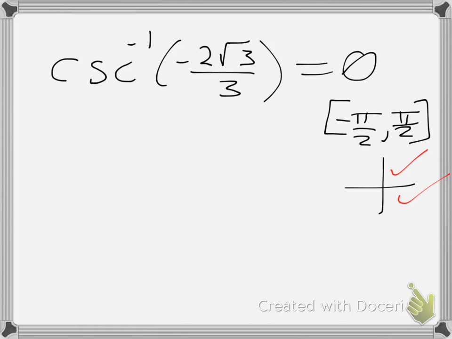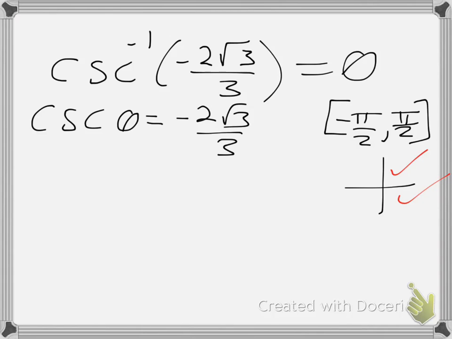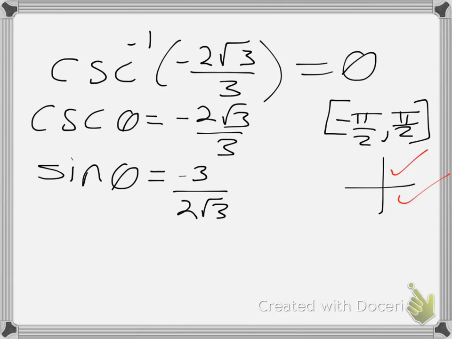So I'll say this is cosecant of theta equals negative 2 root 3 over 3. And since cosecant is 1 over sine, I'll say it's equivalent to say sine of theta is equal to the reciprocal, which is negative 3 over 2 root 3.